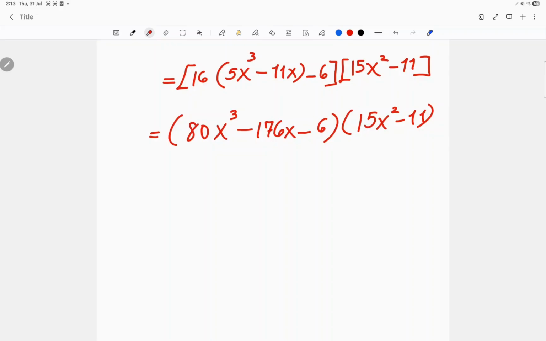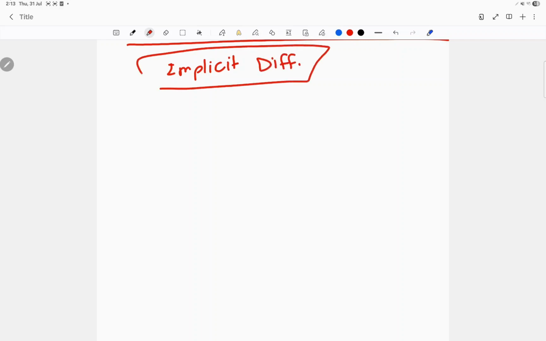Now we have something new called implicit differentiation. Let's see what that means. Implicit differentiation. So, this means you will differentiate the y and the x at the same time.